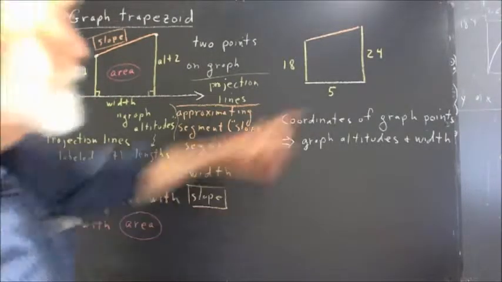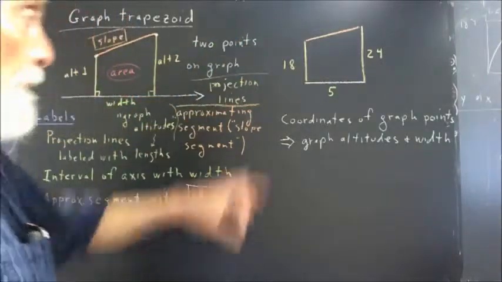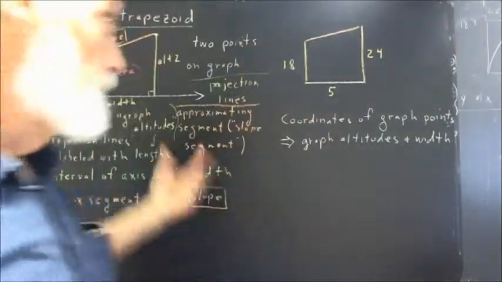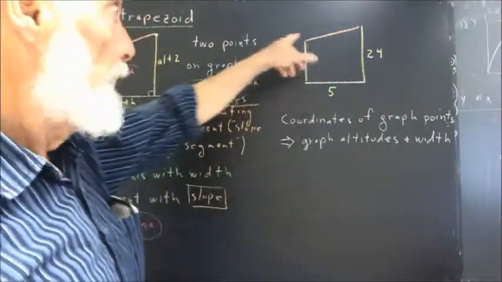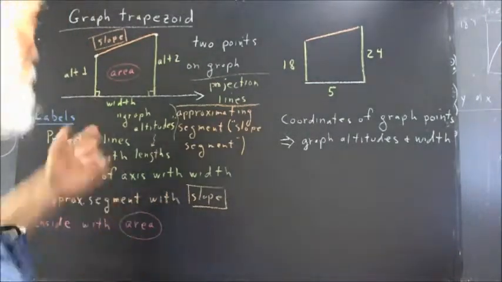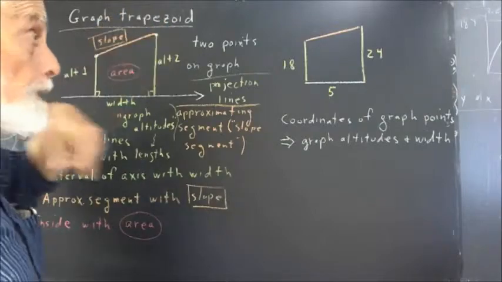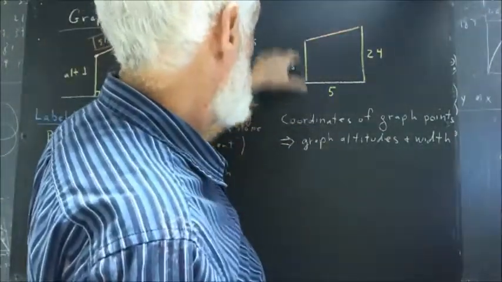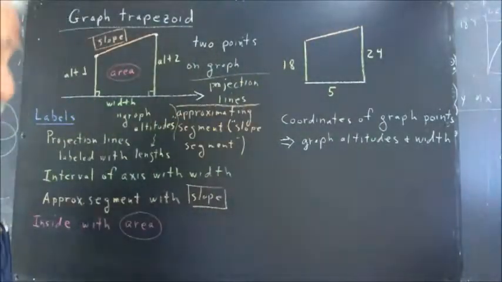Here I've got a copy of our trapezoid. It's not an exact copy, but represents a trapezoid with altitudes and a width. Now, how would we get the altitudes and a width of the trapezoid? Well, that depends on the situation, but if we know the coordinates of the 2 graph points, then we can easily determine the width and the 2 graph altitudes, and that should be straightforward.